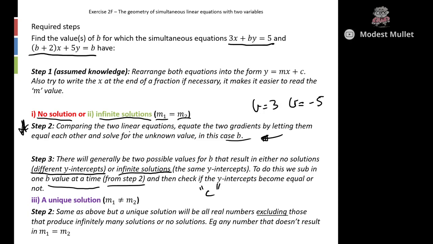So as it says down here, for a unique solution, same as above, but a unique solution will be all real numbers excluding those that produce infinitely many solutions or no solutions. Any number that doesn't result in m1 equals m2. So you find the two numbers that make it work and then just say anything apart from those two numbers.